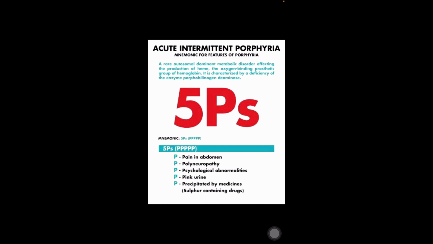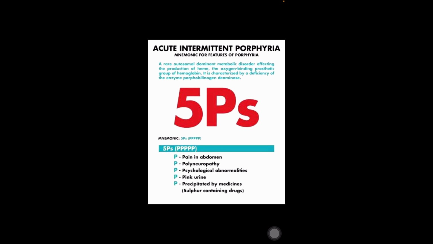If you read the question and you're not sure whether it's acute intermittent porphyria or Porphyria Cutanea Tarda, just remember the 5 P's for acute intermittent porphyria. Number 1 P is the pain in abdomen, number 2 P is the polyneuropathy, number 3 is the psychological abnormalities like hallucinations and all that, okay?